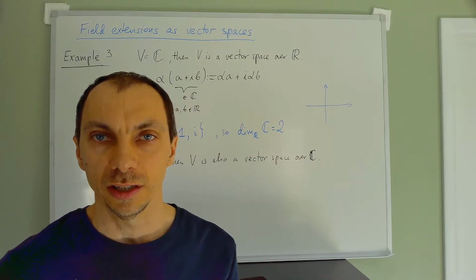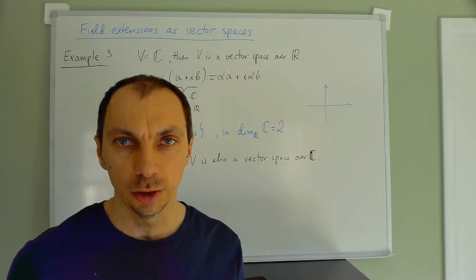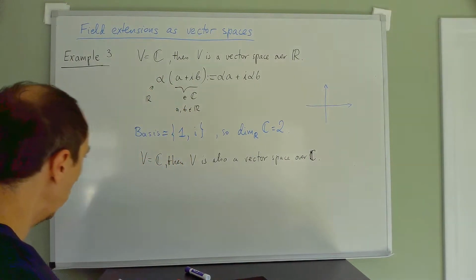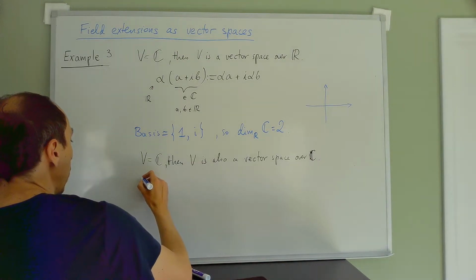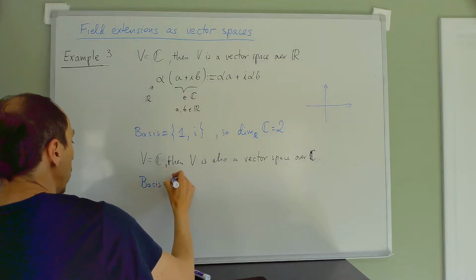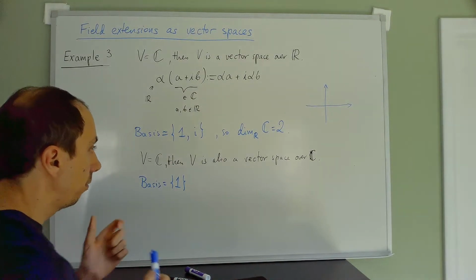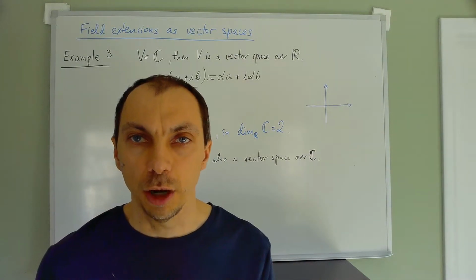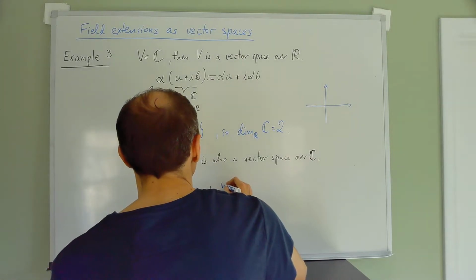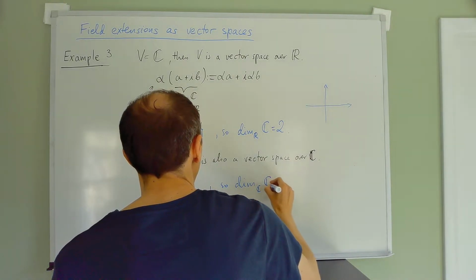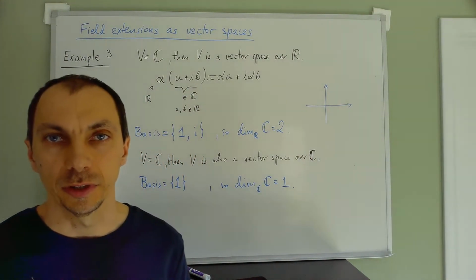Well, in this case, the scalars are the same as the vectors, so I just define the scalar multiplication to be just the multiplication in C. And you can again check that it satisfies all the axioms. In this case, for the basis you can choose any non-zero complex number, for example 1, because clearly every complex number can be written as a complex number, so scalar, times 1. So the dimension of C as a vector space over C is 1.